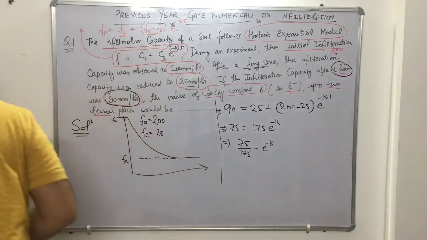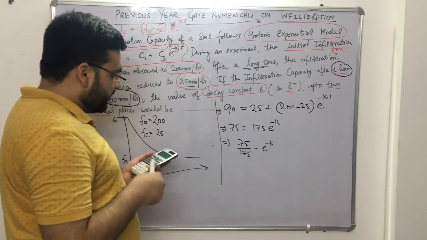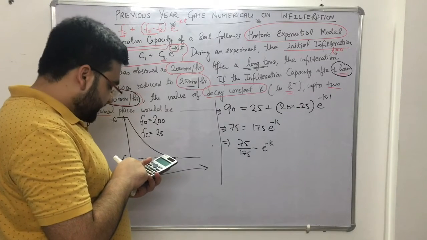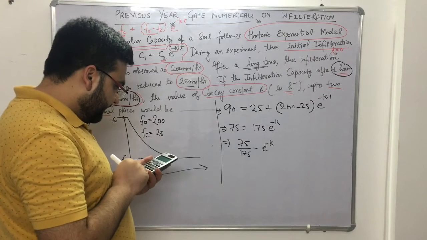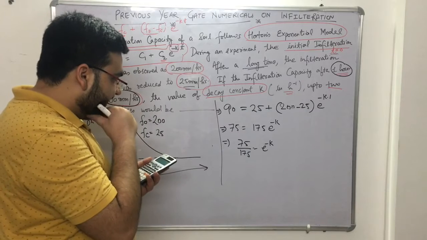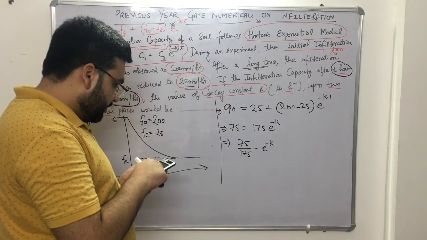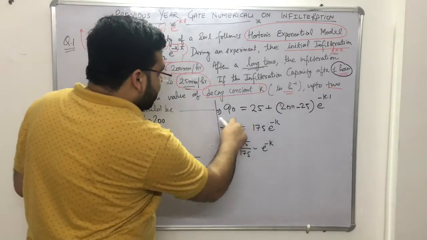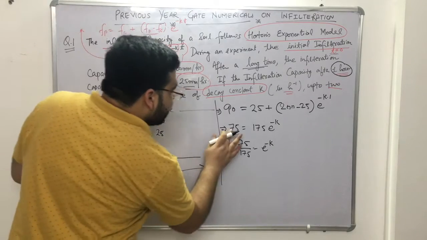Now let me take the natural logarithm. I will get the answer. So the answer would be ln of 75 divided by 175, and taking the inverse also, right? Sorry, this is not 90, this is 65, sorry.